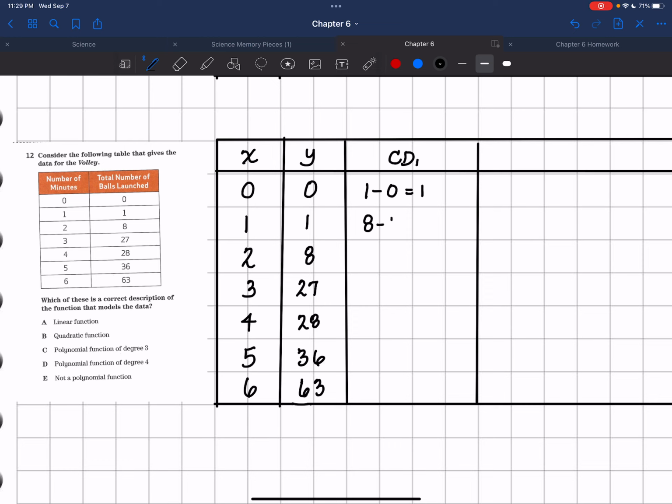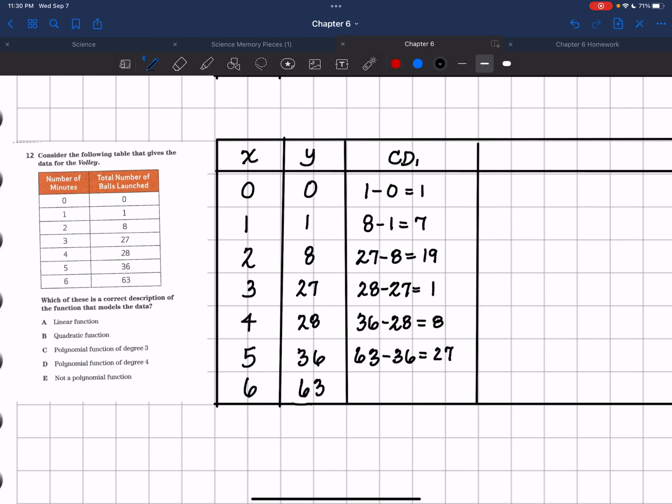Then 8 minus 1 is 7. 27 minus 8 is 19. 28 minus 27 is 1. 36 minus 28 is 8. And 63 minus 36 is 27.